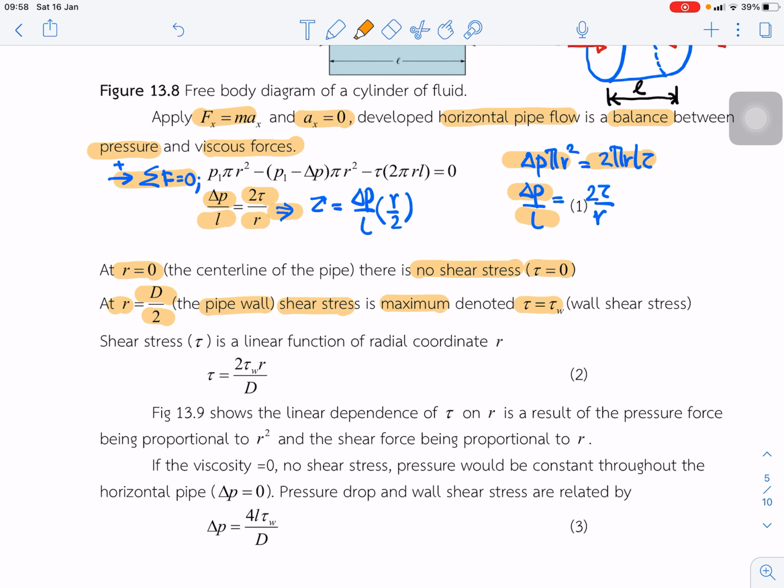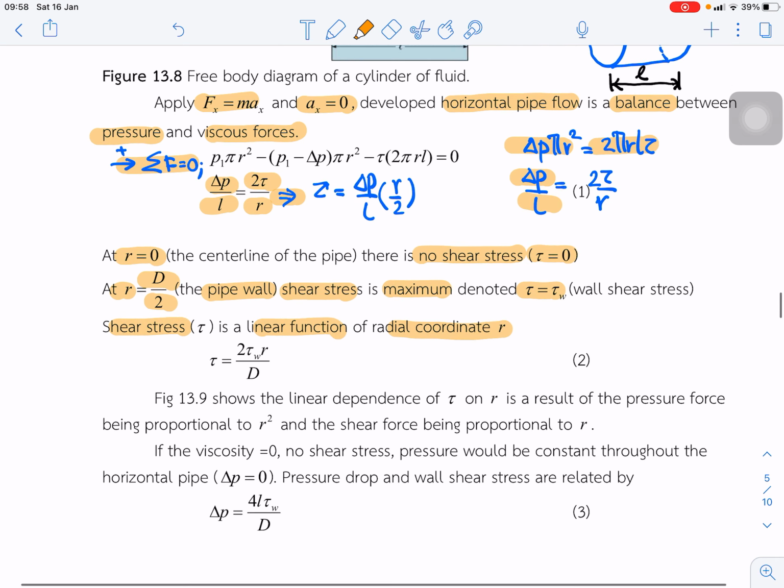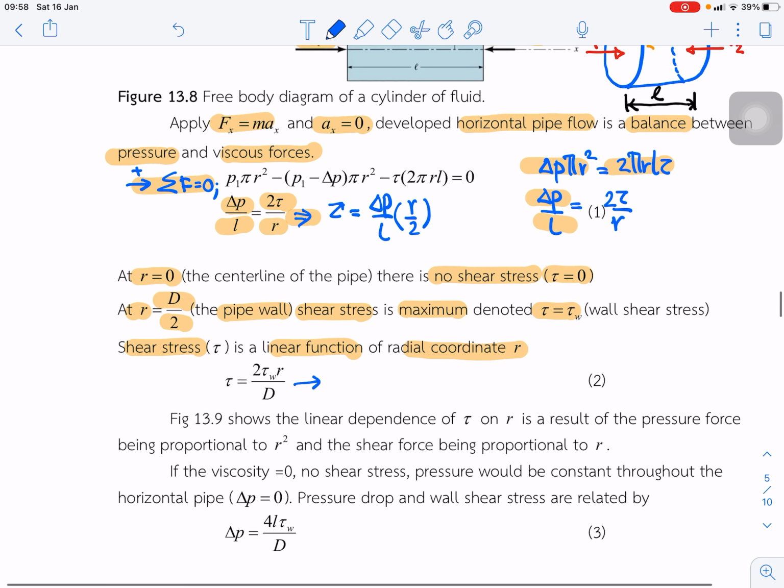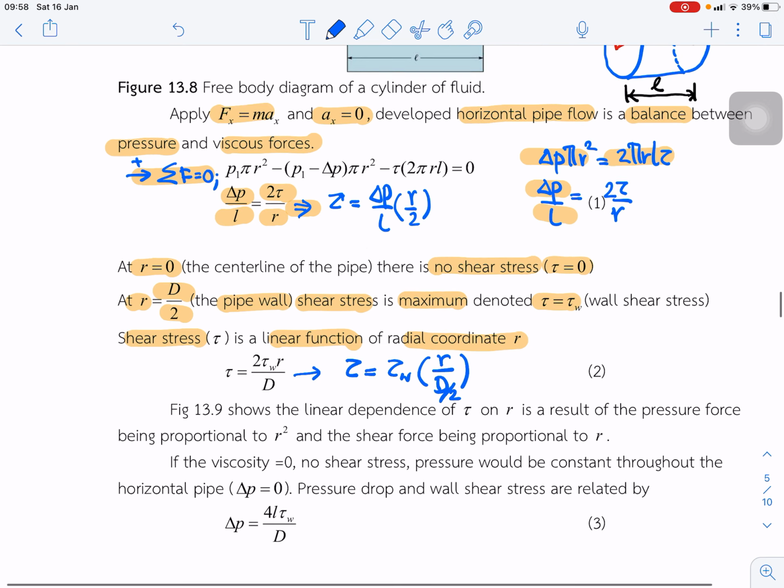In this case, we can prove that shear stress is a linear function of the radius coordinate r. We can write it another way, as the ratio of r divided by d over 2.